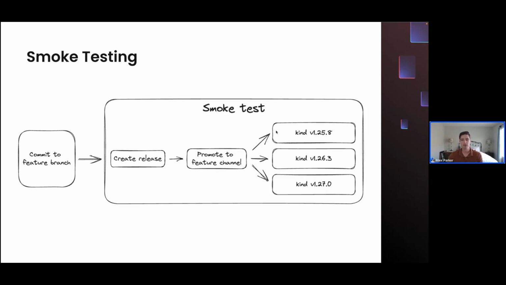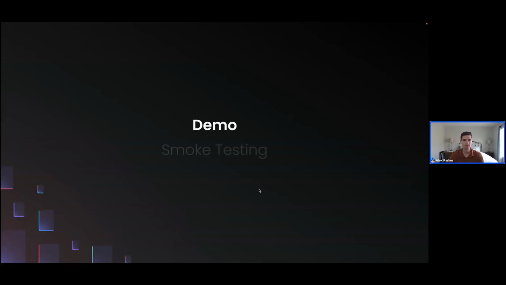And so compatibility matrix is going to spin up these 3 clusters. It can deploy your application onto those clusters, run your smoke test to make sure everything's fine and dandy, and then delete those clusters, clean up the channel, all that kind of stuff when you're done. And then you have that as a check before you actually go and merge your PR and move on to your next feature or whatever it might be.